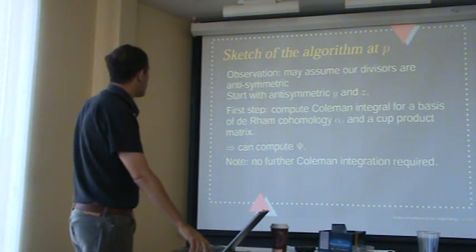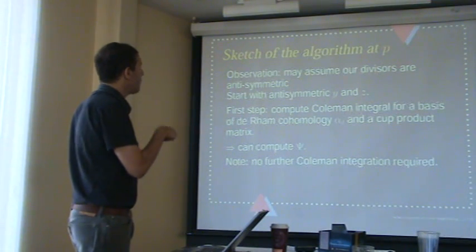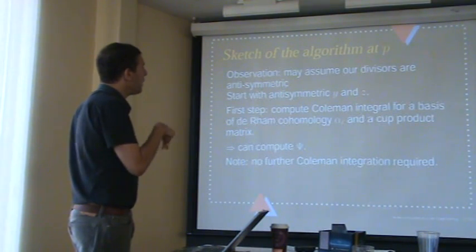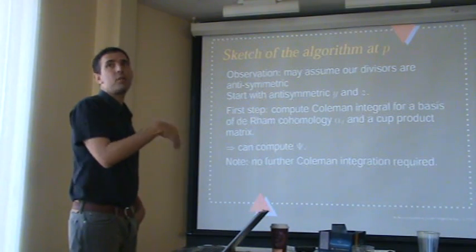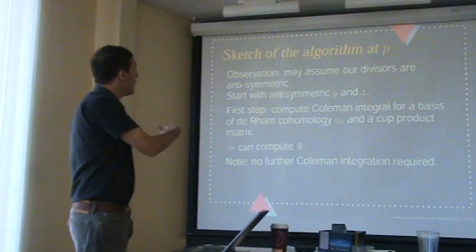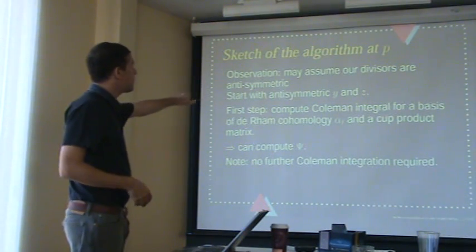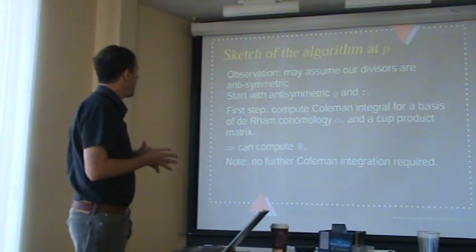A consequence is that you can now compute this psi. The reason is what I explained before: if I take the global index of a general form and a form of the second kind, I only need to do Coleman integrals for the form of the second kind, and not for the other form. So once I have computed these Coleman integrals for this basis, I can just compute my psi.